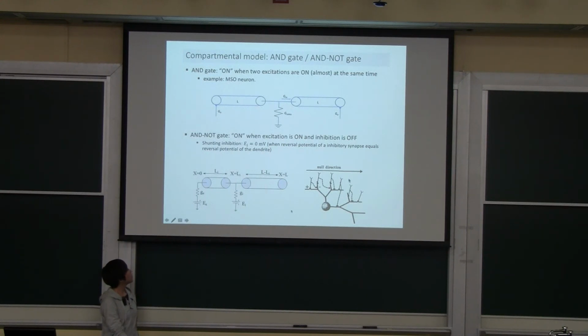And in order to generate some action potential here, you have to keep this off. So that means you have on here and off here. Then you can turn on this part, which is soma. So that's the basic idea of an AND NOT gate. You have to have this, but not this. Okay, cool.